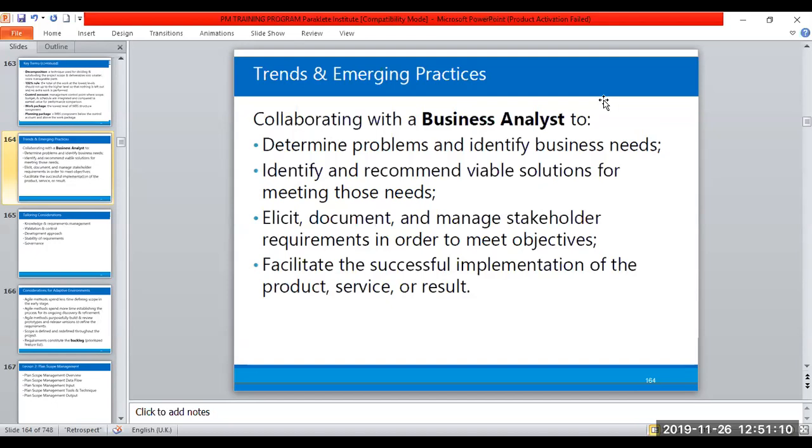All right, so in that, they uncover problems, identify the business needs, and identify and recommend viable solutions to meeting those needs, and elicit, document, and manage stakeholder requirements in order to meet the objectives. They facilitate the successful implementation finally of the product, service, or result. That means they are involved in the oversight of benefits realization, shaping the output and driving the intended outcome for the project.